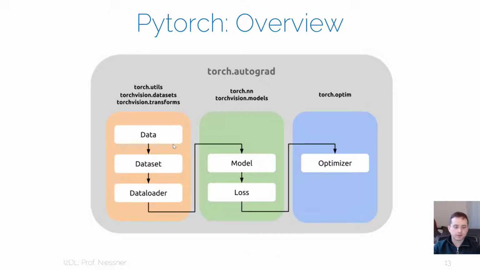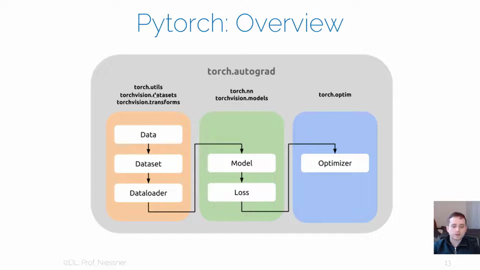So if we dive deeper into PyTorch, we have these three pillars of deep learning that we were talking about earlier in the tutorial sessions, and Torch basically has them all here. We had the dataset and data loader. In PyTorch, you can simply find it in torch.utils, torch datasets, and torchvision transforms.